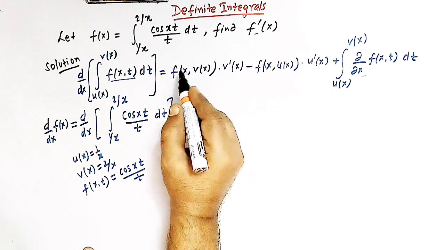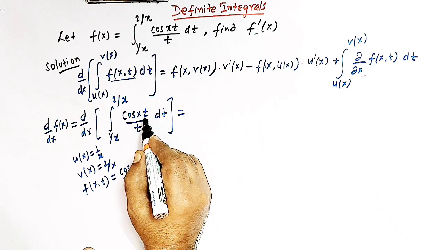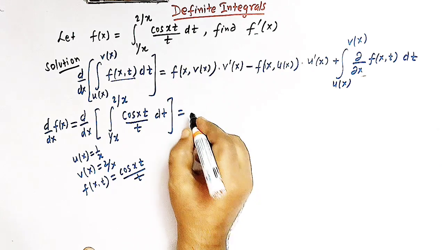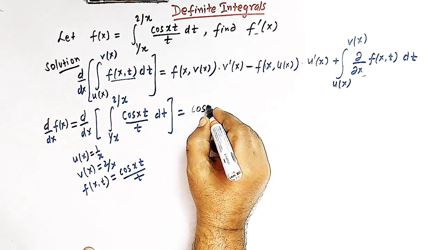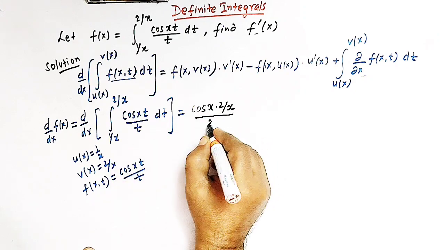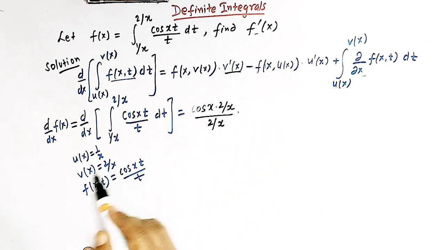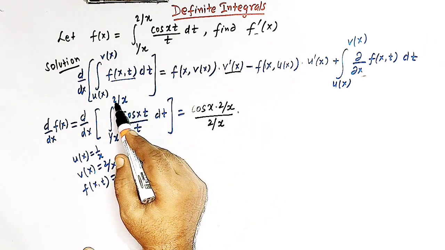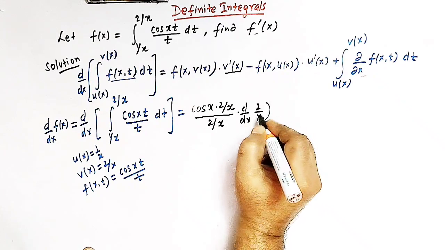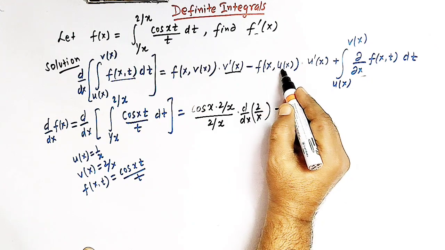So now we have f of x comma v of x, that is replacing this t by 2 by x. So we have cos of x times 2 over x, and here we have 2 over x, and then we take the derivative, that is v prime of x, and v of x is 2 by x. So here we have d by dx of 2 over x, then we have minus f of x comma u of x.